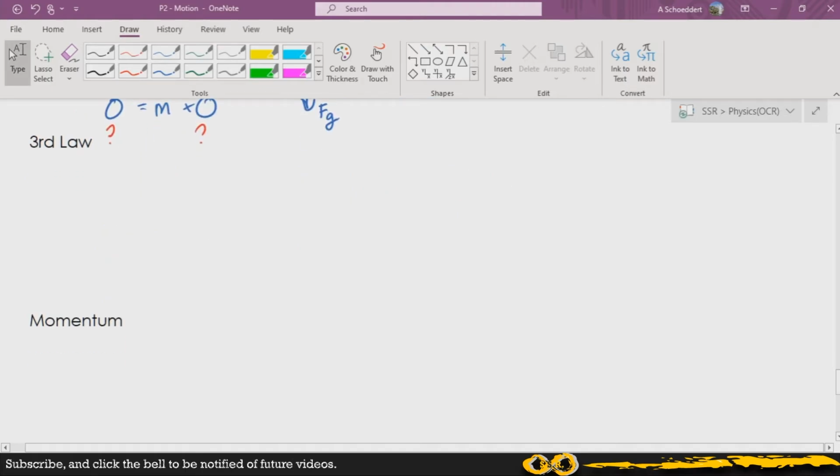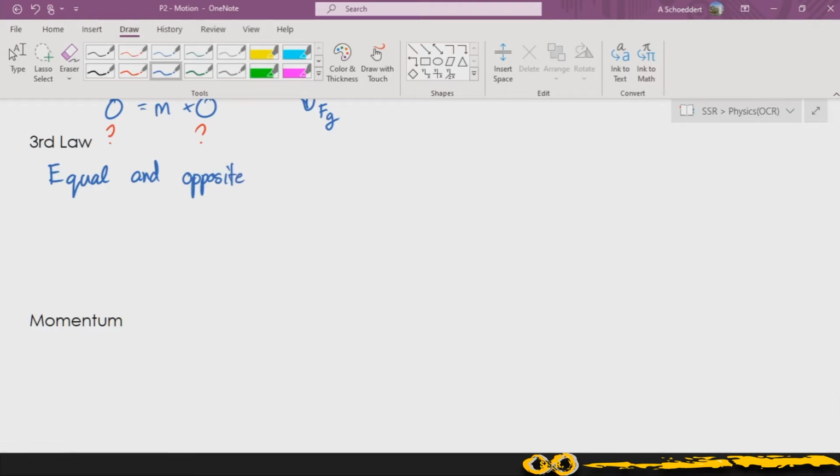Newton's third law you will probably have heard as equal and opposite. What this means is that forces are always coming in pairs, and these are the interaction pairs that we referred to a little earlier.